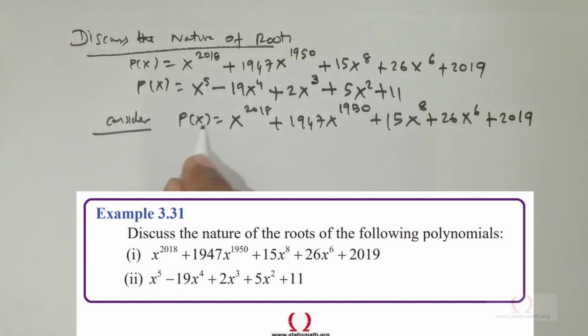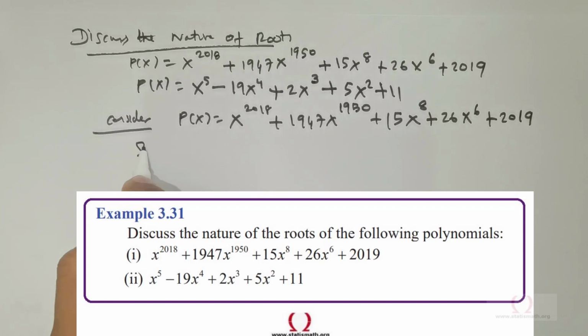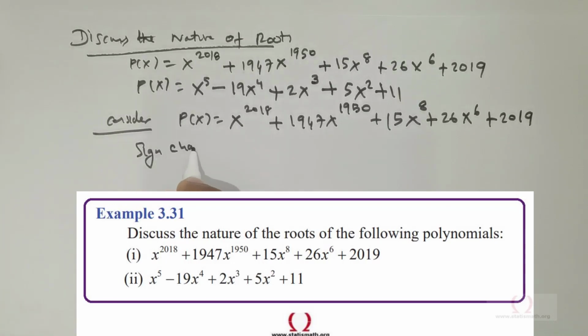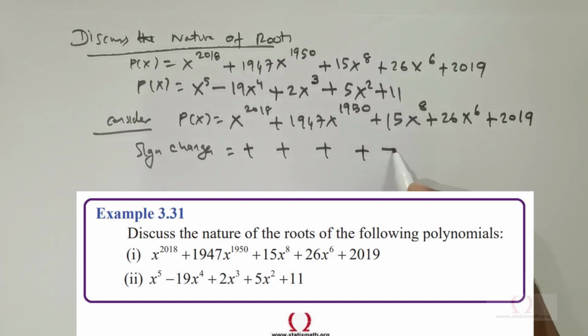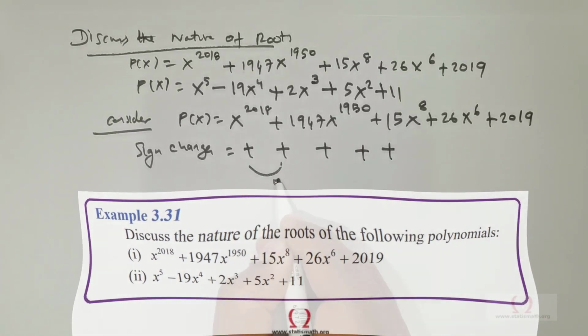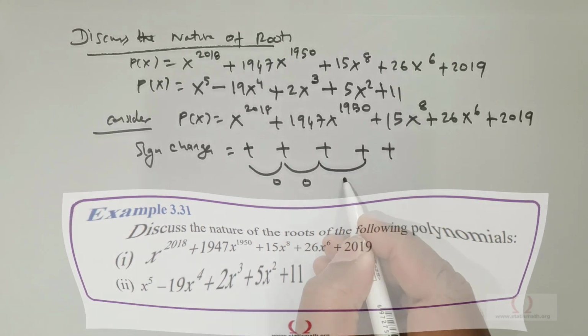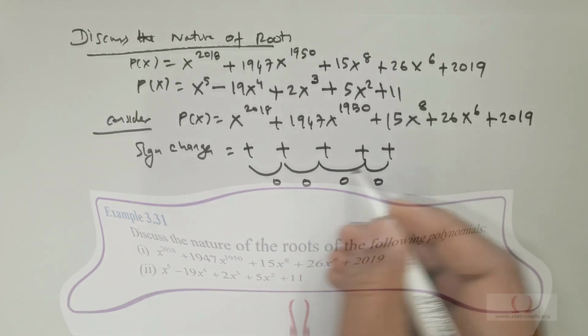Now let us write down the sign changes. We got a positive here, positive here, positive here, positive here, positive here. So zero sign change, zero sign change, zero sign change, zero sign change.